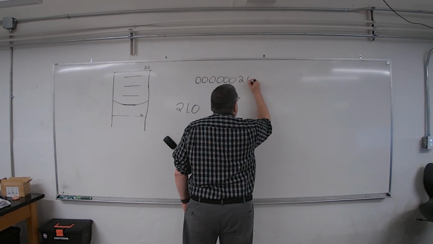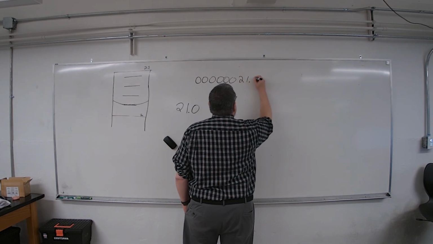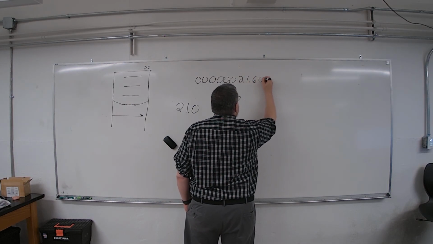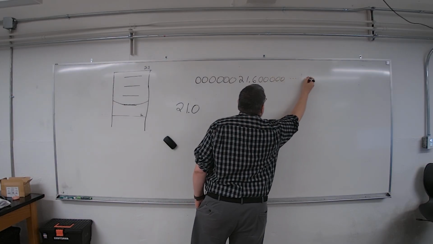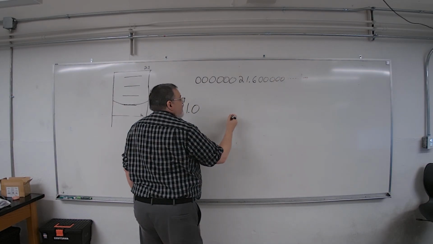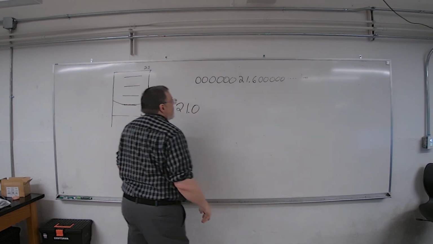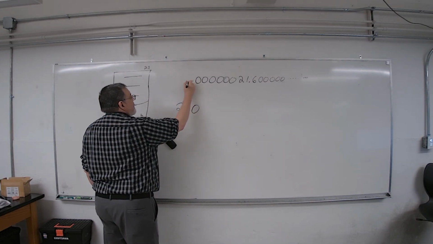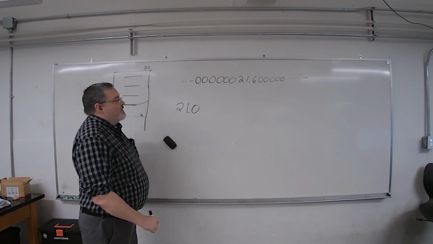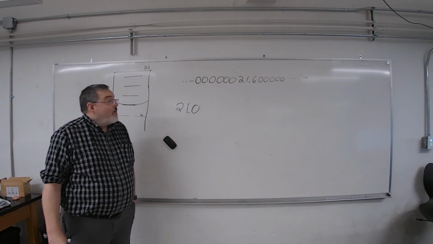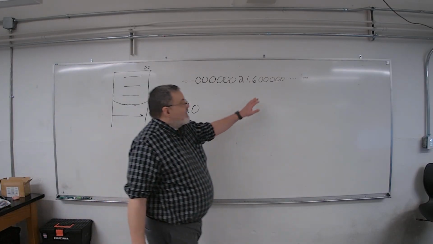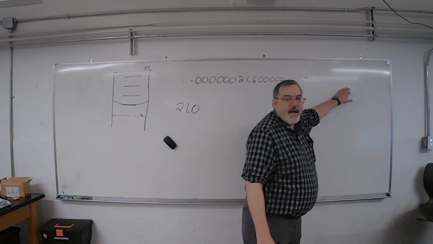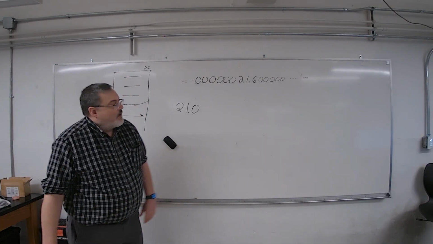Those are easy to deal with. Let's go back to the 0.6. There's an infinite number of zeros, and then this goes out infinitely. That's supposed to be an infinity symbol. You might have learned in arithmetic that technically there's zeros all the way out to infinity there.